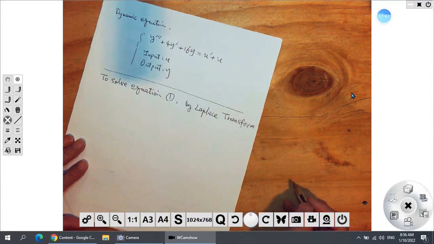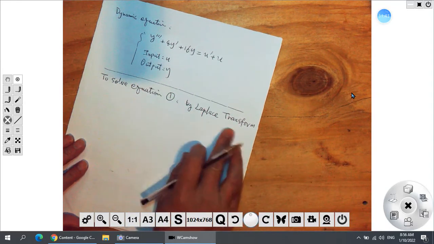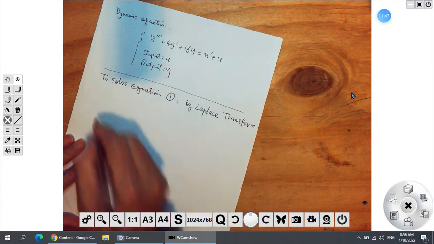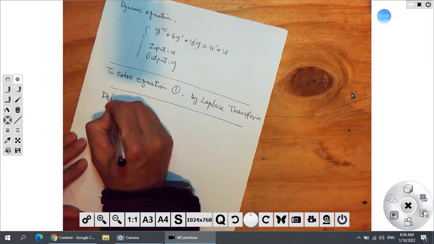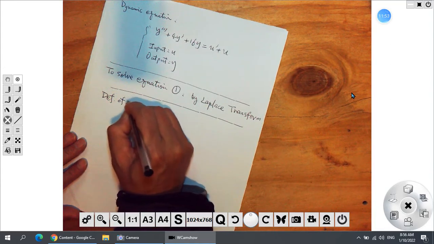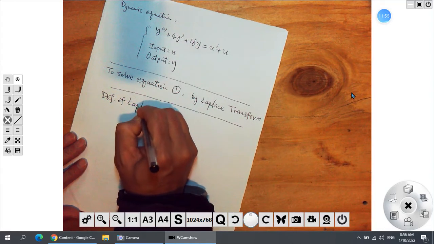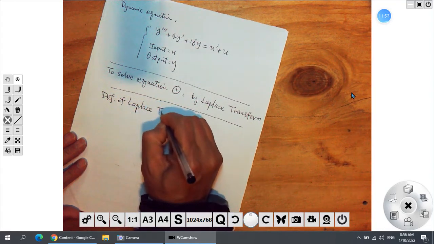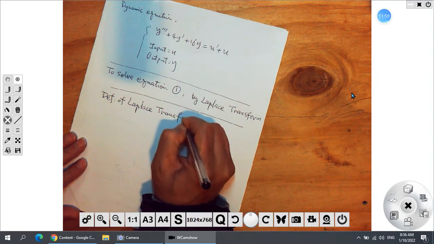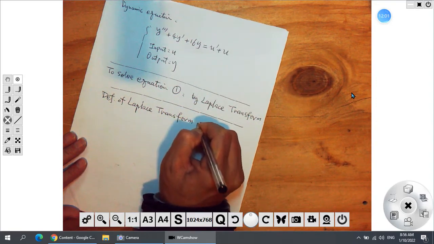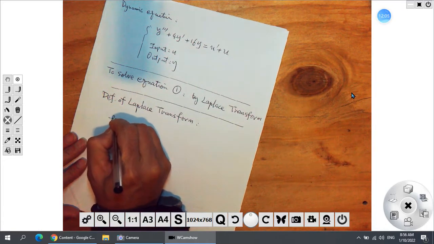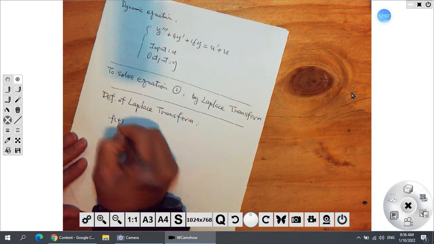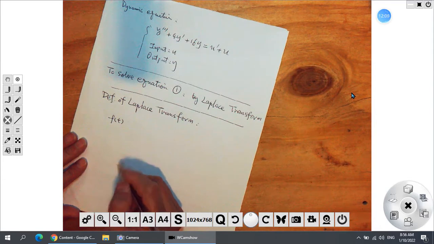So, of course, first of all, we need to know what a Laplace transform is. So we go here, the definition of the Laplace transform. We start from a signal, a function of t.